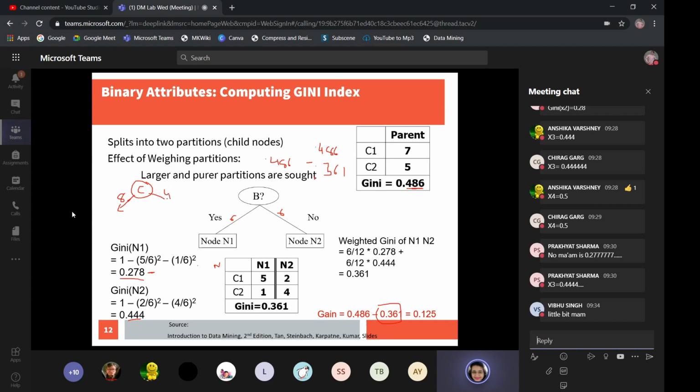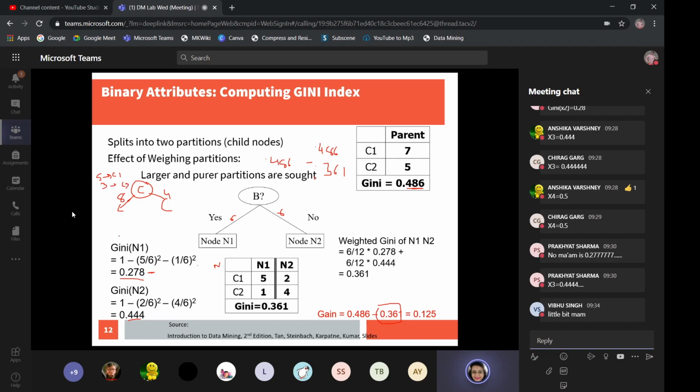Let's assume, okay? So out of those 8, let's say 5 belong to your C1 class and 3 belong to your C2 class.